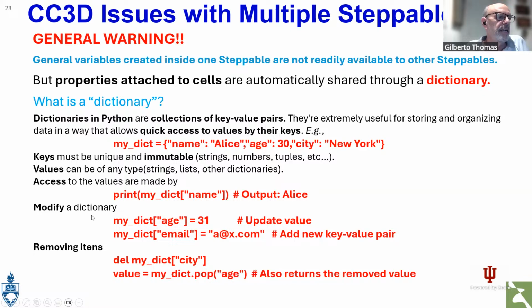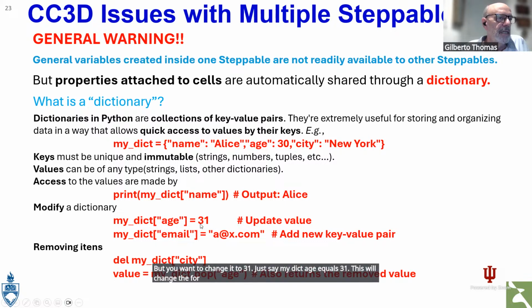If you want to modify a dictionary, you assign a new value to it. For example, here, age is 30, but you want to change it to 31. Just say my_dict age equals 31. This will change it from 30 to 31.